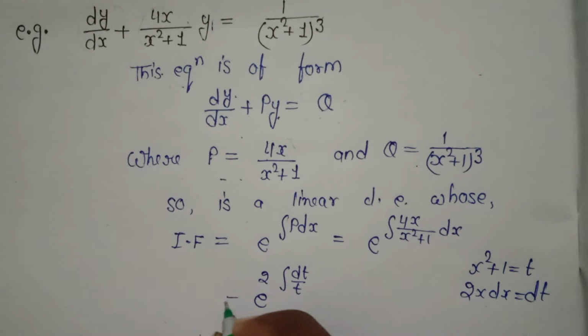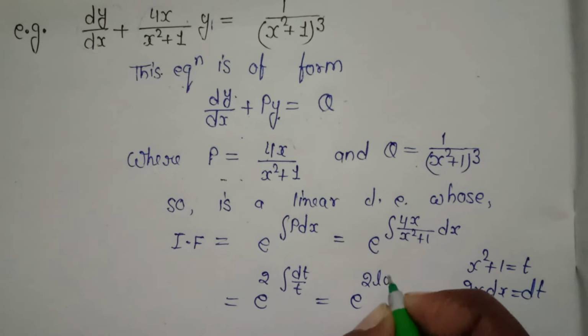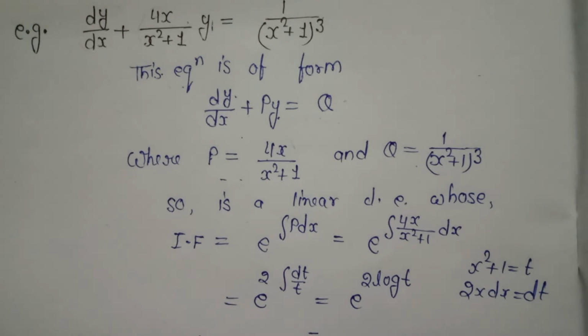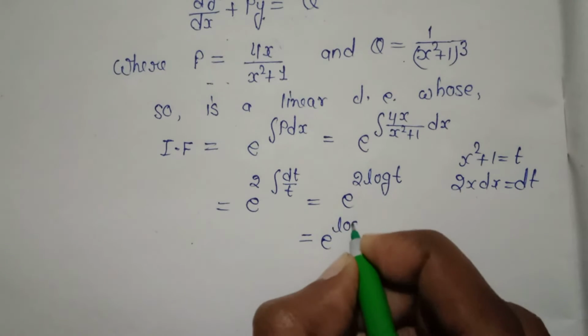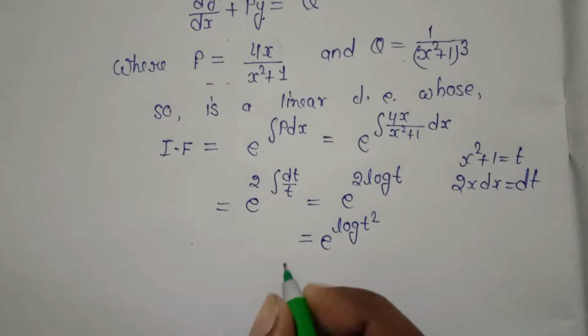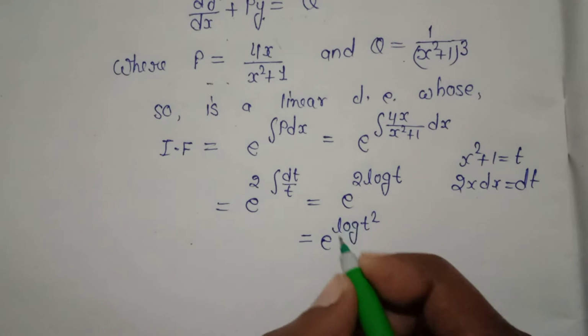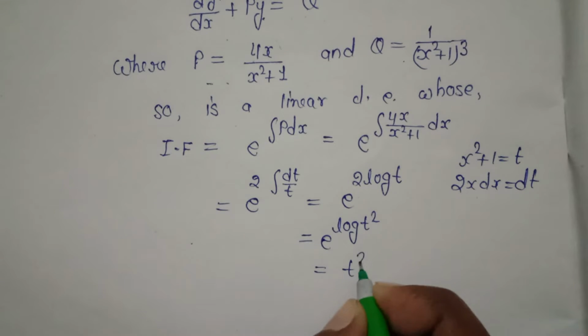So what do I get? e raised to power 2 log t. What can I write it as? e raised to power log t square. So what am I getting? e raised to power log cancels out, so it gives me simply t square.